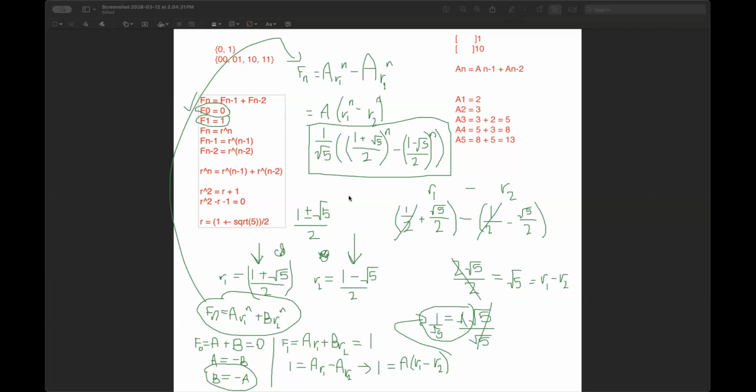How did I get r equals 1 plus square root 5? So that should be (1 plus) square root 5 over 2. The way that we got that was from, would it be okay if I made some space by deleting some of this? Okay. So I'm just going to delete a few things.